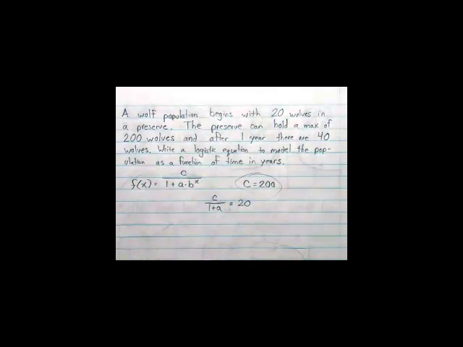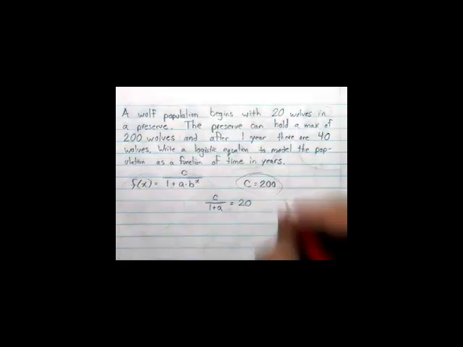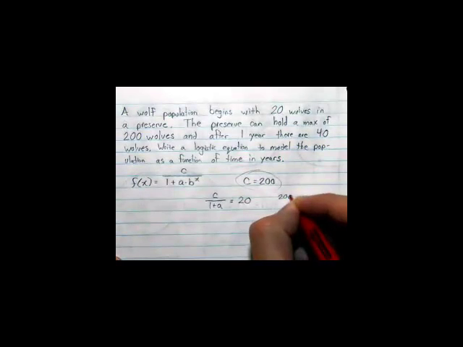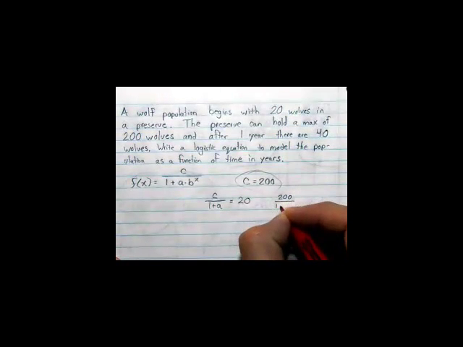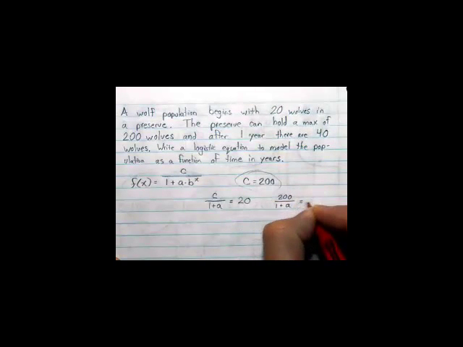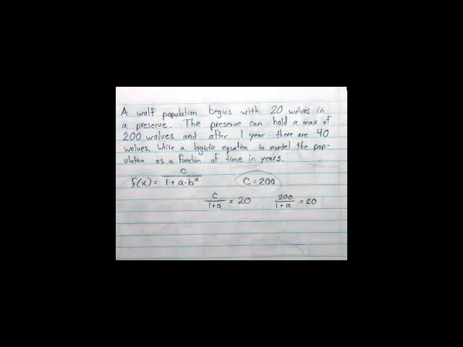Can I put those two pieces of information together somehow? Figure something else out? What can I find now? A, right? So we know the C, so just plug that right in. 200 over 1 plus A equals 20.